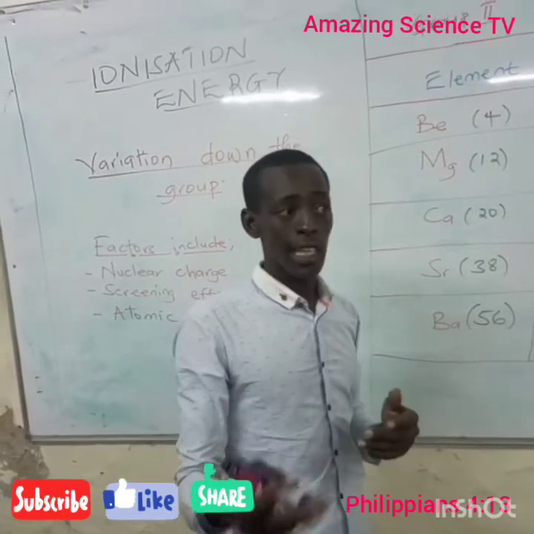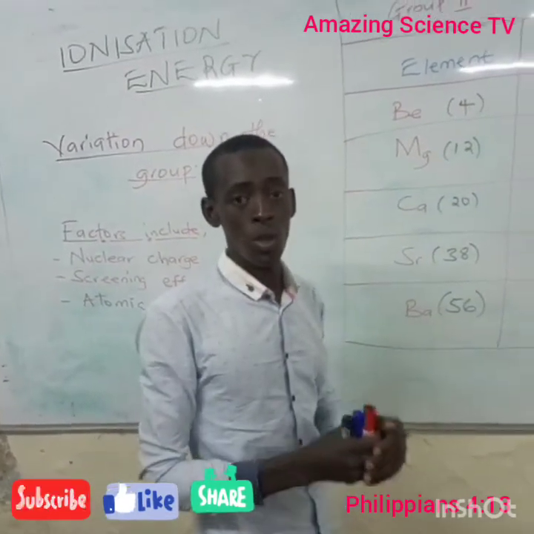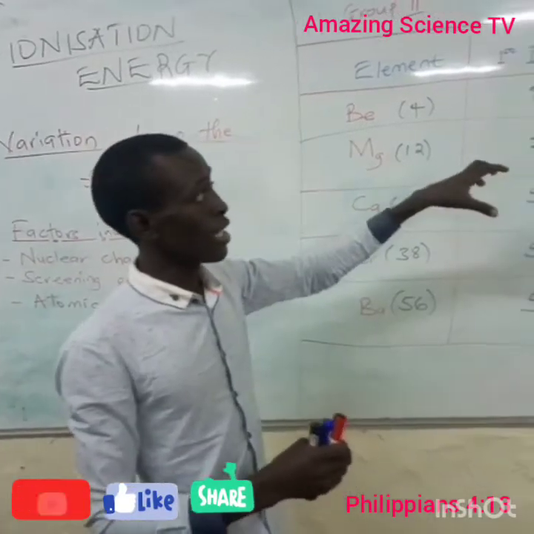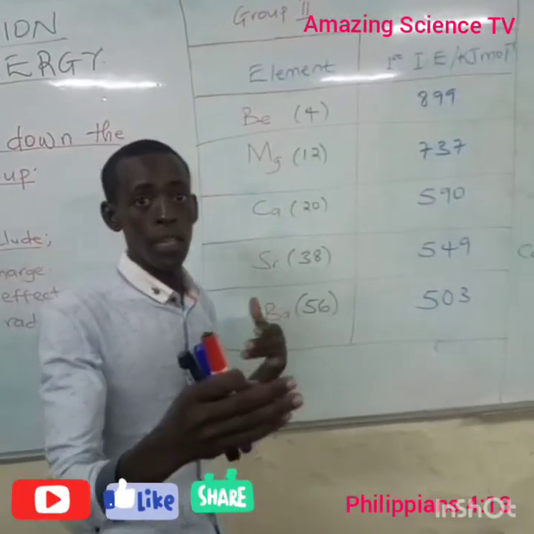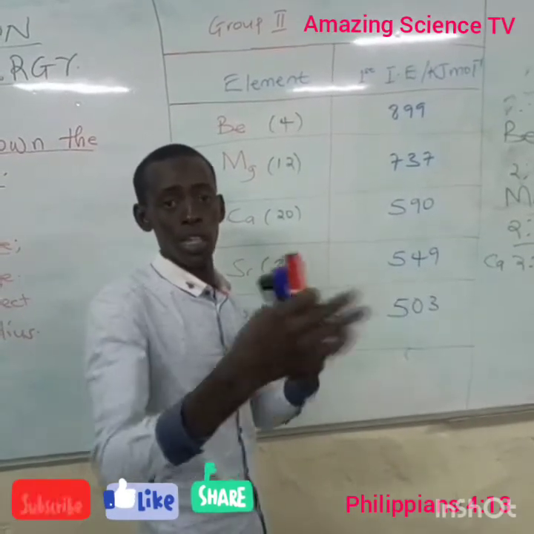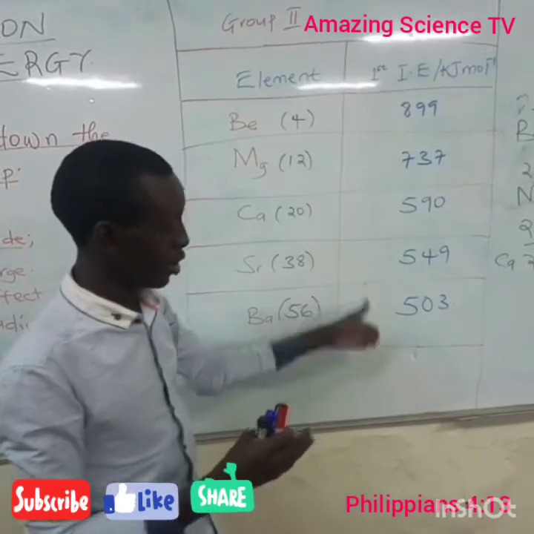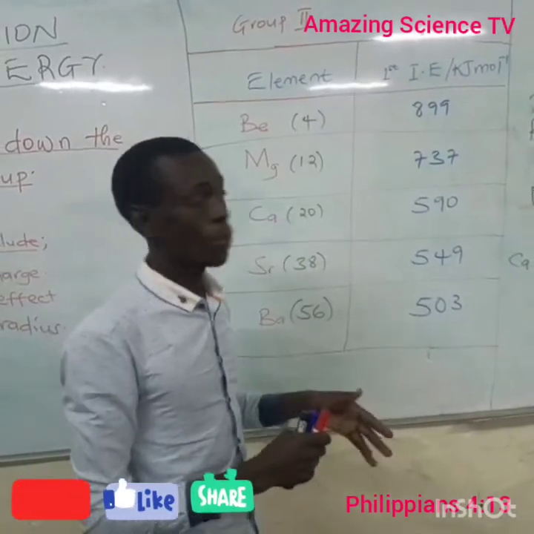So what is happening? The effective nuclear charge will be too low, and in so doing, the electrons in the outermost shells will be pushed away. They will be far away, they will not be attracted to the nucleus, and in so doing, the atomic radius will go on increasing down the group.